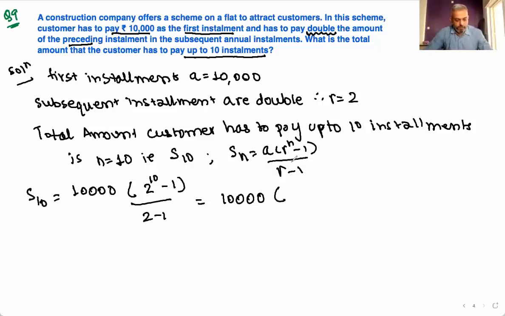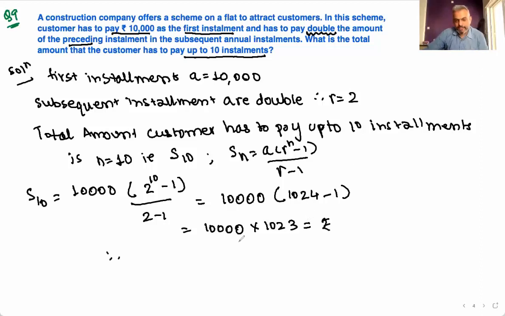Take a calculator, 2 into is equal to, you will get 4. Then once again equal to 3, 4, 5, 6, 7, 8, 9, 10. 1024 minus 1, which is equal to 10,000 into 1023.